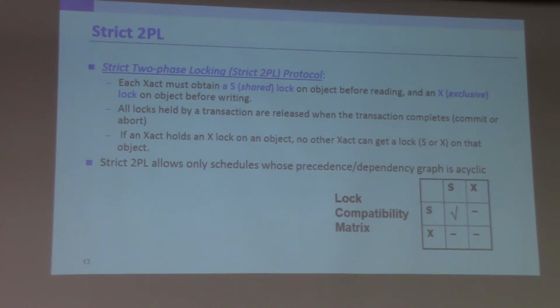So the whole idea is that you acquire a shared log for any object you want to perform a read operation over. While you're reading the value of this object, you want to prevent others from changing it. This actually gets rid of the dirty read problem. What is a dirty read?